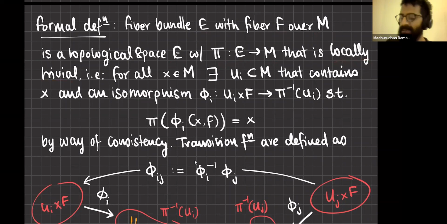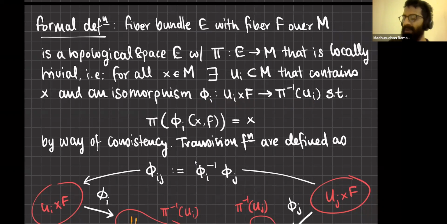What that means is that for any point in the base manifold, any x belonging to M, there exists a small neighborhood of M, UI, that contains x, and there exists an isomorphism phi I, which maps UI times F to the pi inverse of UI, right? So it maps the direct product of UI, which is a small coordinate patch, and F into the pre-image of UI.